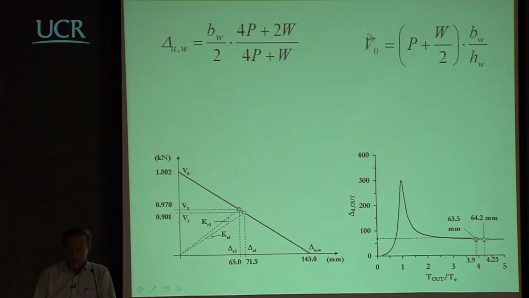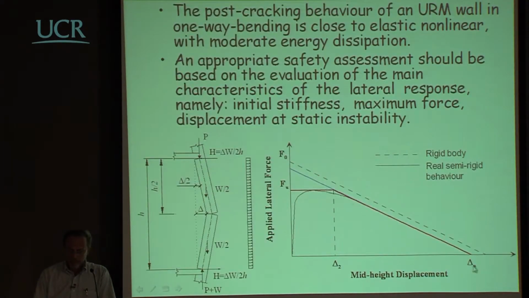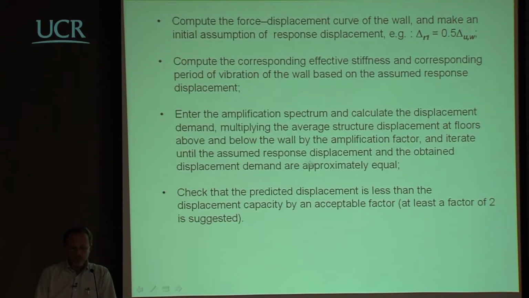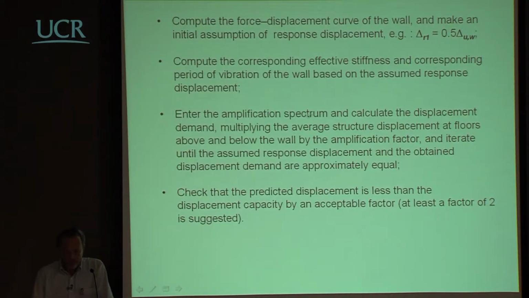For example, half of this value here, to imagine that the structure will respond somewhere here, and then to compute the corresponding effective stiffness, which means that if you assume this displacement, you have a stiffness that goes up here. And doing that, you know the period of vibration of the out-of-plane structure at that level of displacement.